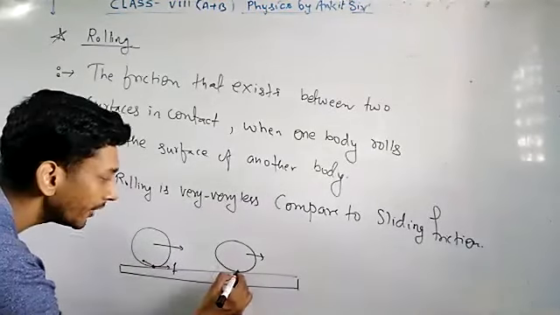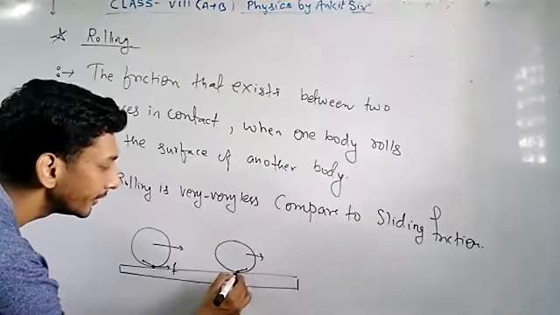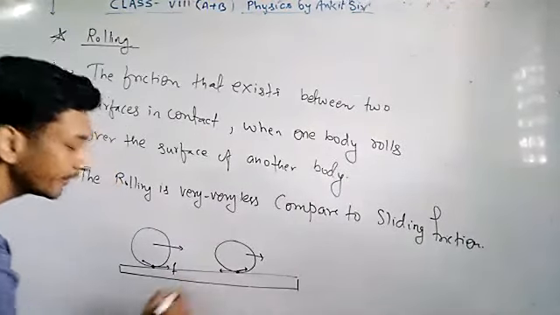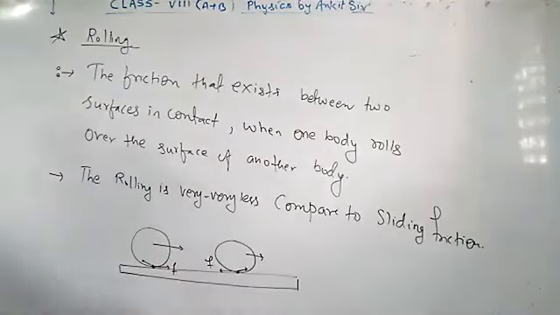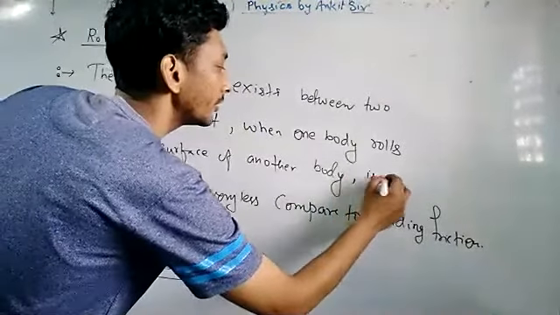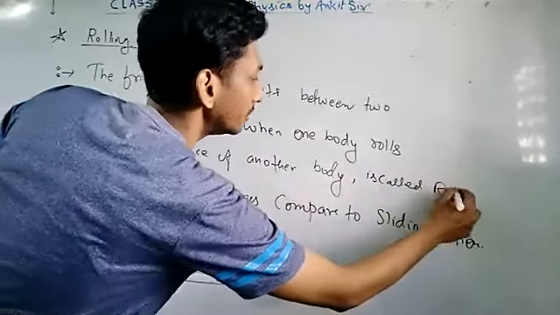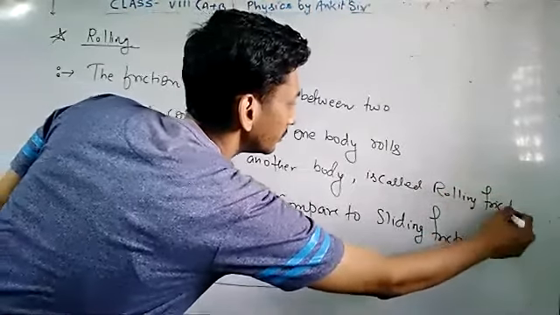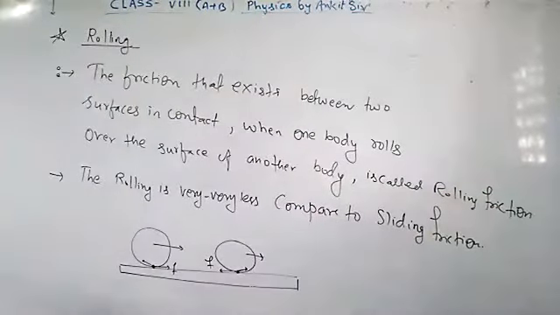Clear? If point of contact is moving this way, then friction is this direction. Okay? Well, surface of the body is called rolling friction.